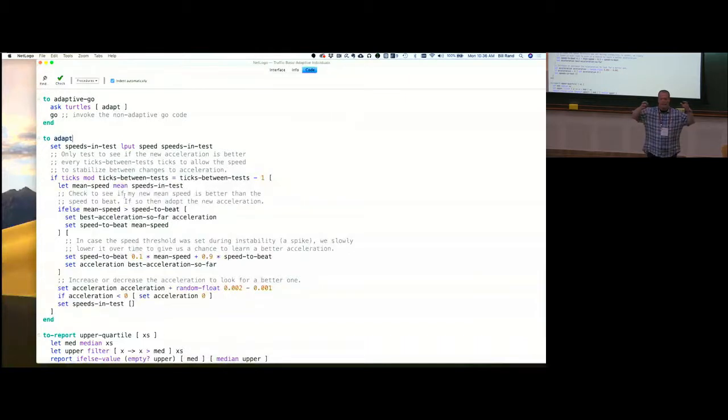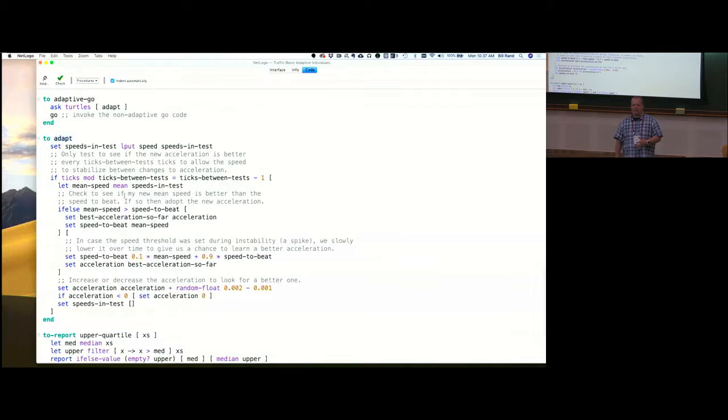Essentially, it's saying, I'm going to run my model for a little while. I'm going to see how well I do as a car at that speed, at that acceleration. And then after that's done, I'm going to check, was that better than any other time when I ran the model at speed? If so, I want to take that acceleration as my new acceleration. I'm going to keep that acceleration.